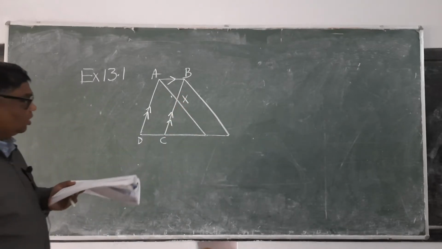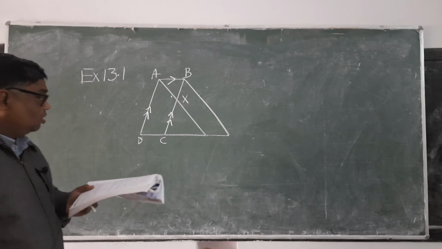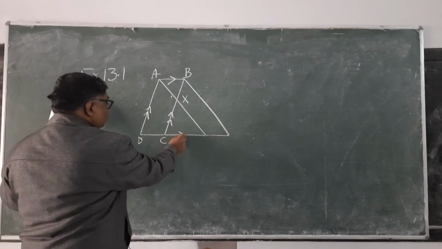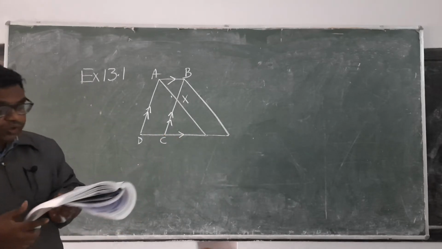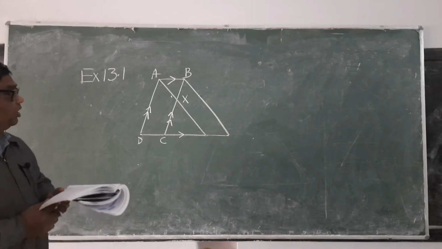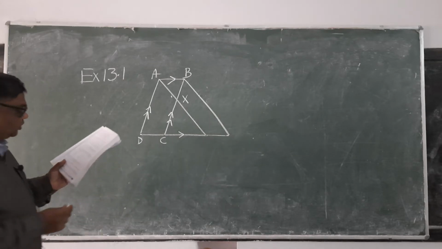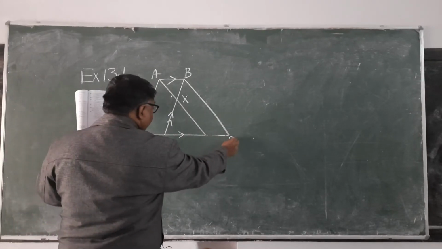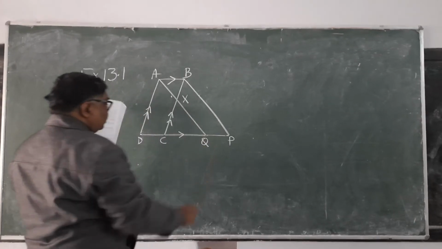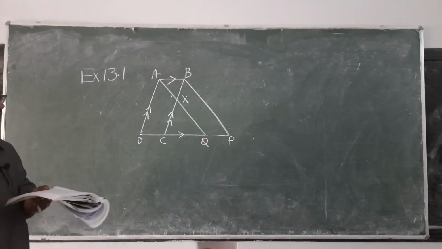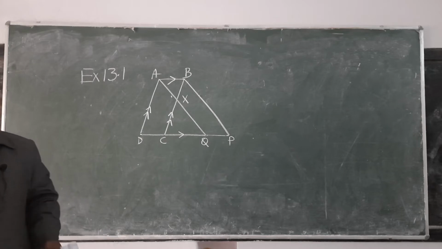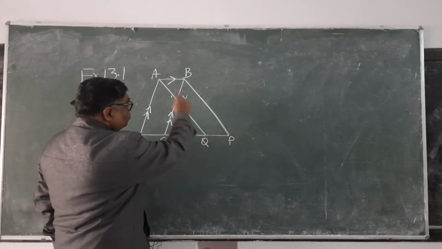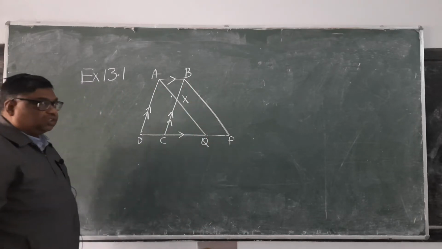Now all of you see here, in the diagram you can see that AB is parallel to which side? It is parallel to DC.